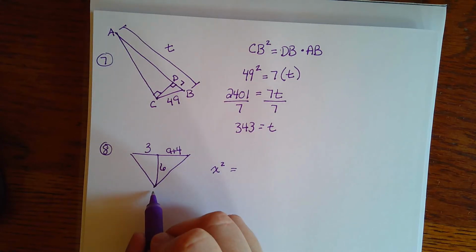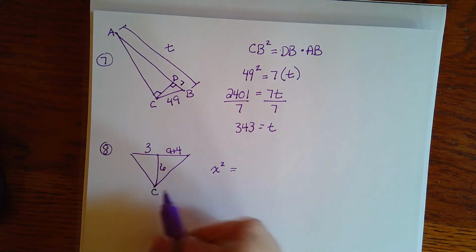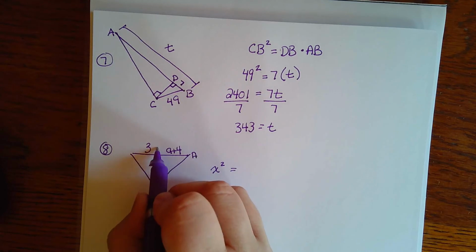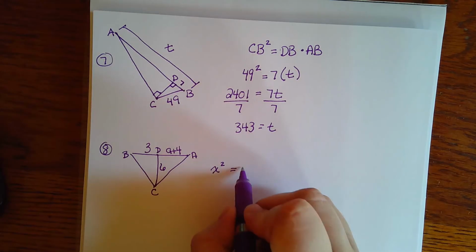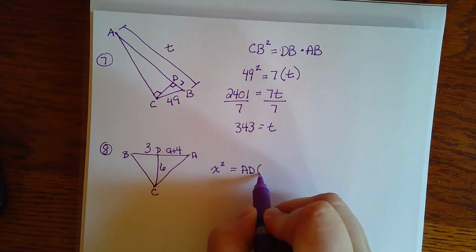Let's see here. So let's make this our C. There's our A. There's our D. And there's our B. So when we do this, our geometric altitude statement tells us that it is x squared equals AD times BD.